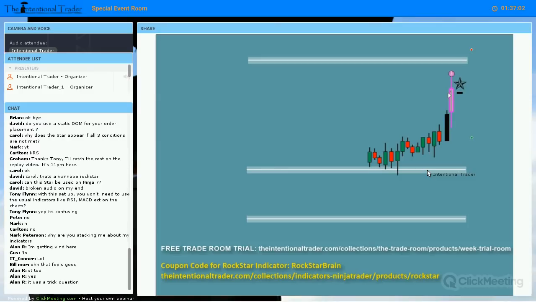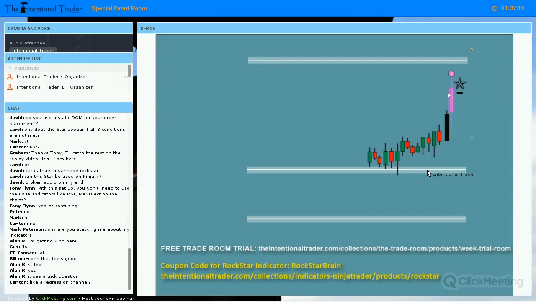When price breaks out of a channel, there's a higher probability of exhaustion. There's a higher probability that it's only going to go a little ways out of the channel before it comes back. Like a regression channel, like a Keltner channel, like Bollinger Bands.